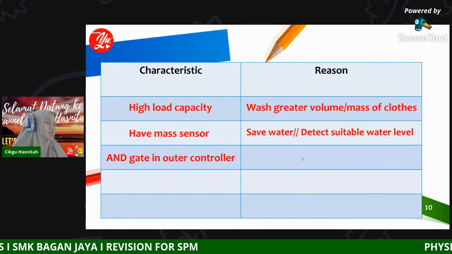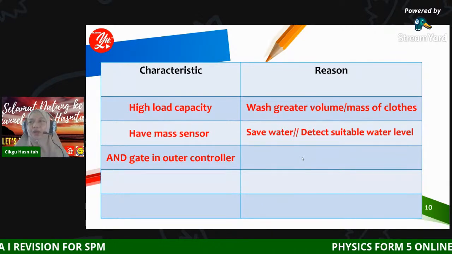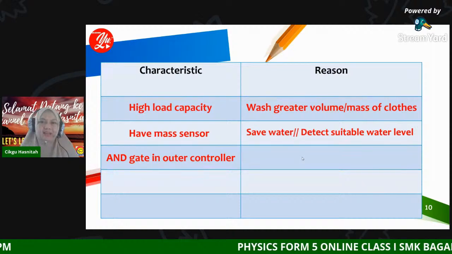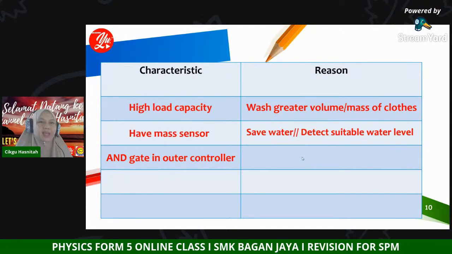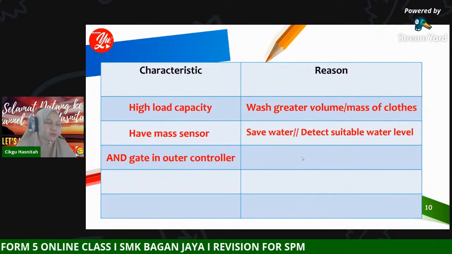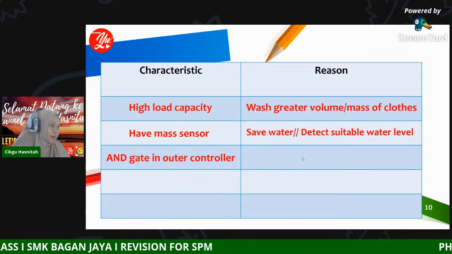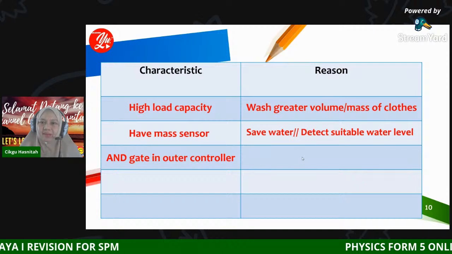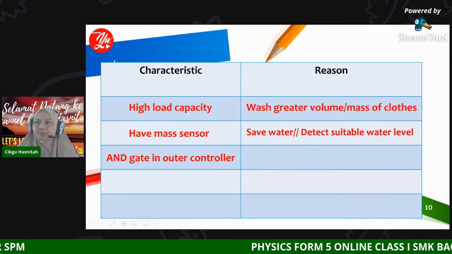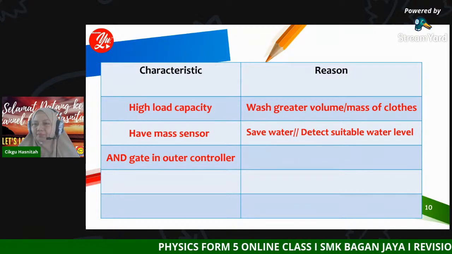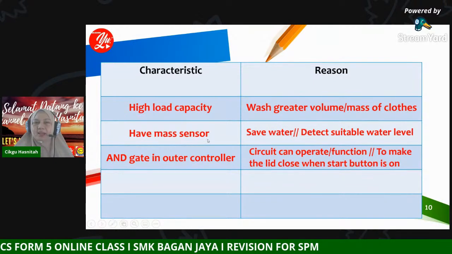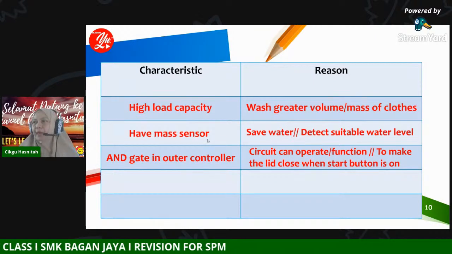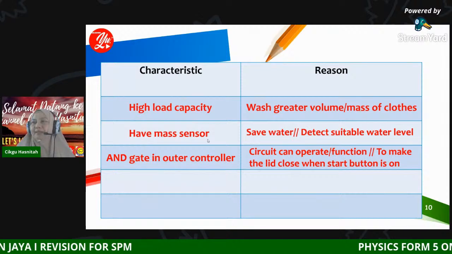Okay, why do we choose AND gate at the outer controller? Why not OR gate? Anyone? Why must we use AND gate at the outer controller? The answer is, so that the circuit can operate, to make the lid close when the start button is on.